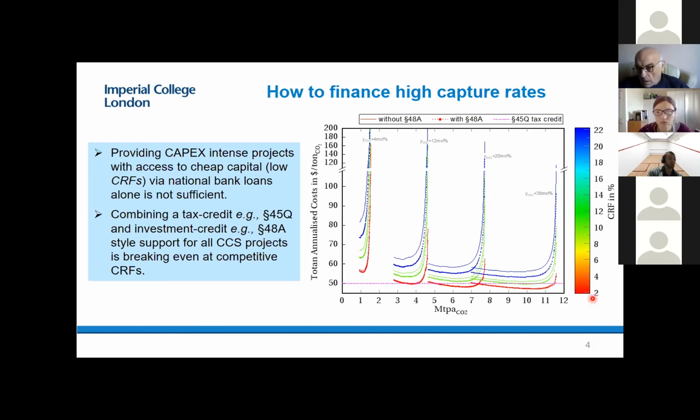What we found to be more effective is a combination between investment credits, such as Section 48A in the US, which gives you a percentage of your capital investment back, and the Section 45Q tax credit, which gives you, if you store CO2, $50 per ton of CO2. And we found this to be more effective to breach or break even than simply reducing the CRF.